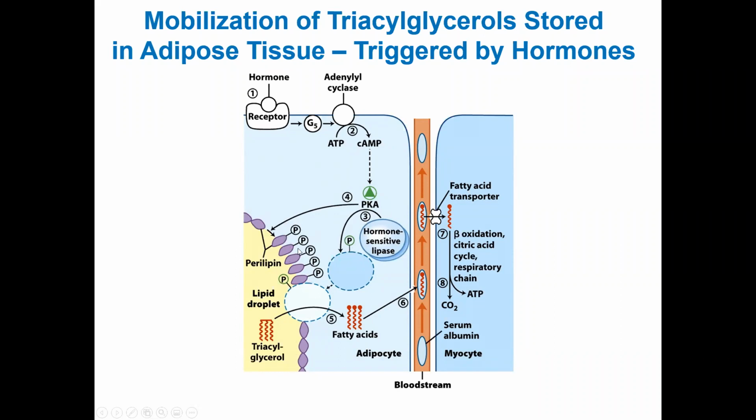Once perilipins are phosphorylated, it allows the hormone sensitive lipases, which are now in the active, phosphorylated form, to access the lipid droplets and start to hydrolyze triacylglycerols into fatty acids and glycerol molecule. Fatty acids, by diffusion, go out and bind to albumin, the blood serum protein, and go to their target tissues, which could be muscle cells, where they get oxidized by beta oxidation, right?